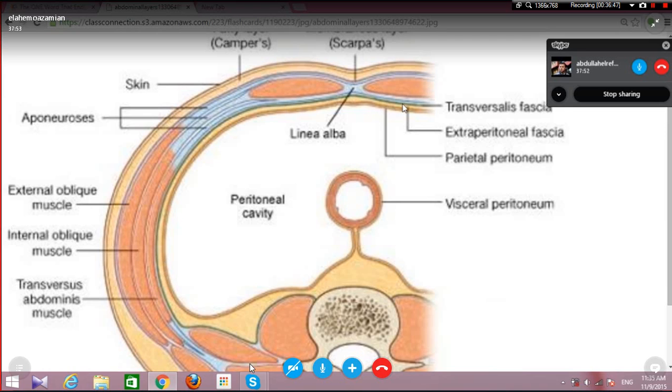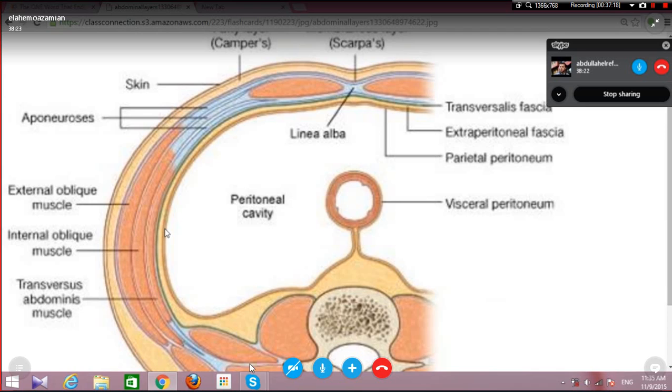Endo-abdominal fascia. But at the transverse muscles, it's called transversalis fascia. After endo-abdominal fascia, do you see here the yellow thing? It's called extraperitoneal fat. And the last layer here is called peritoneum, parietal peritoneum.